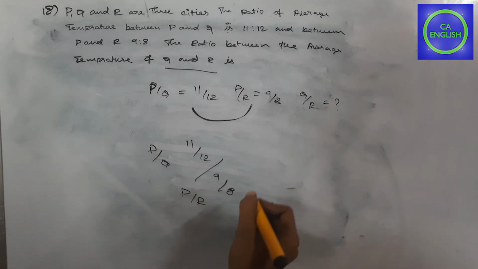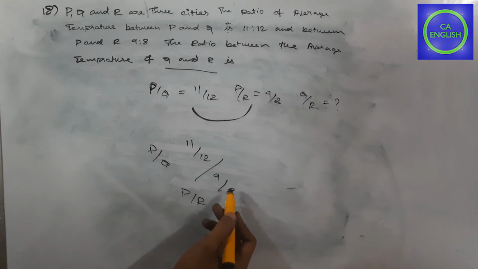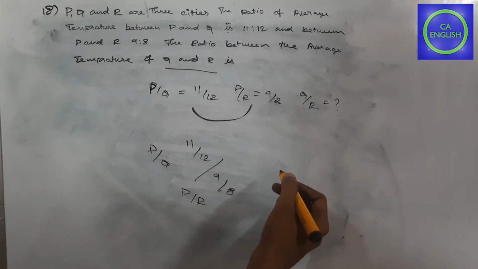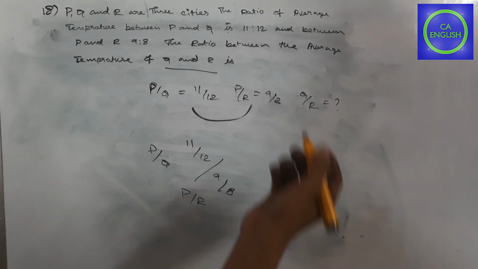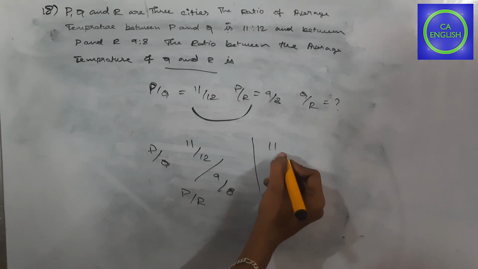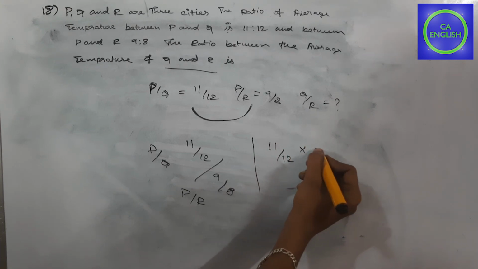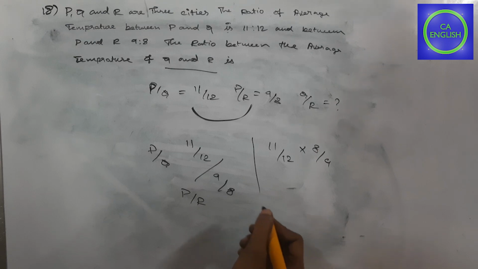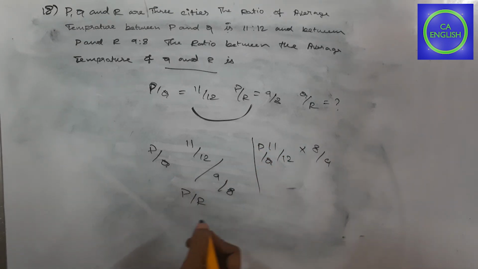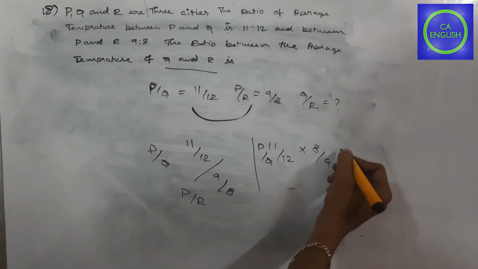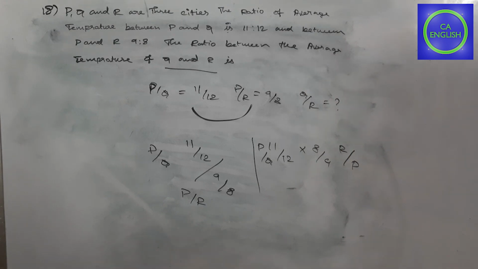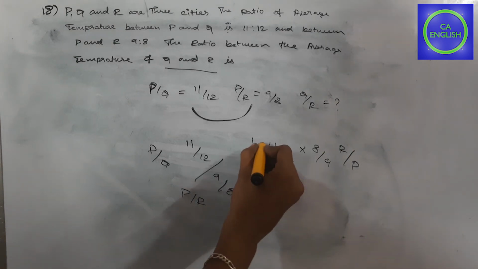The next step is you bring the denominator to the other side, it will be the reciprocal and the symbol will be converted into multiply. So 11 divided by 12 into 8 divided by 9, and it becomes P divided by Q, and on that side it will be the reciprocal, that means R divided by P. Then we can cancel what is possible.